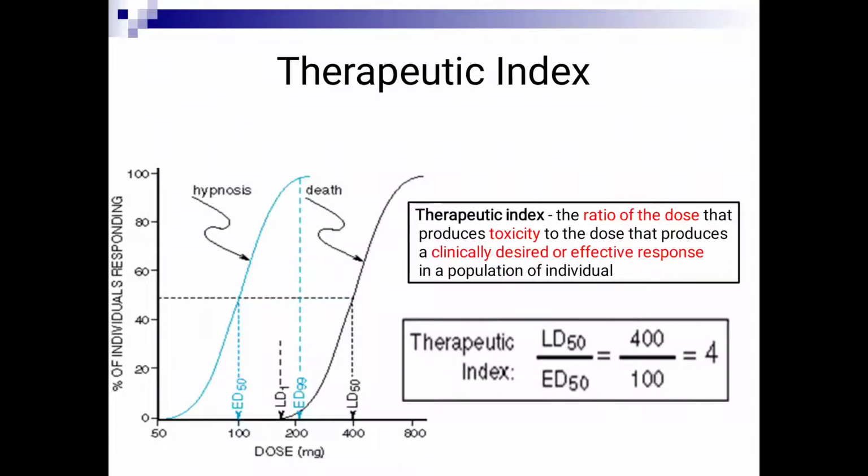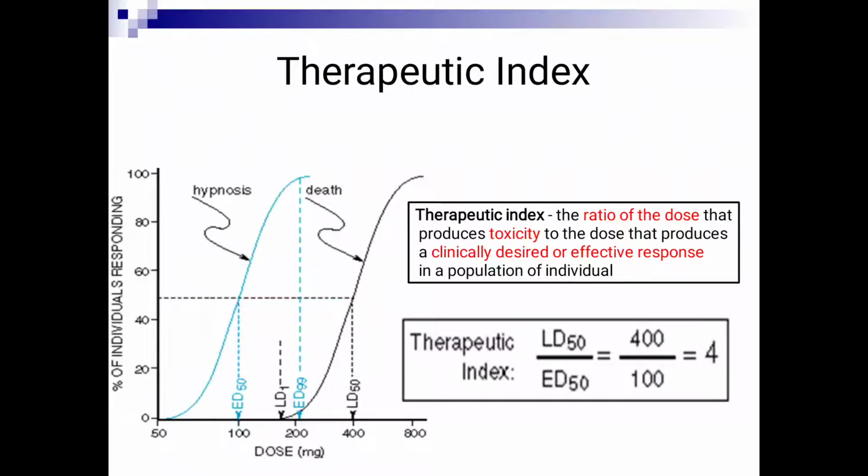Let's see the example. In the graph you can see the x-axis is dose and the y-axis is response. It is a drug mainly for hypnosis. It produces hypnosis at this dose, and the effective dose 50, ED50, is 100. At this dose the patient dies, so it is toxicity.